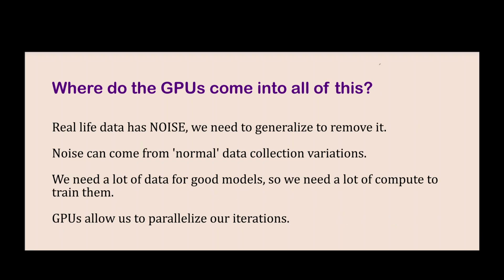I promised you also that I will help you understand why we use GPUs. Since the real world is not perfect, in all the data sets you'll ever have, you're going to have what we call noise, or basically impurities in your data. So even though, let's say, the true temperature is 30 degrees Celsius, your thermometer is a bit off, so it says it's 31, 31.5.